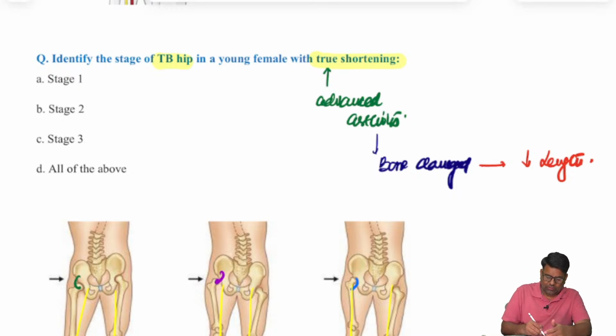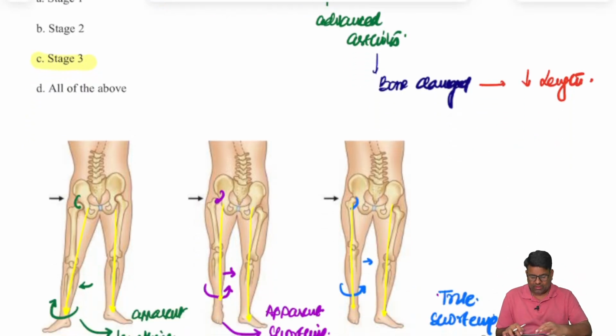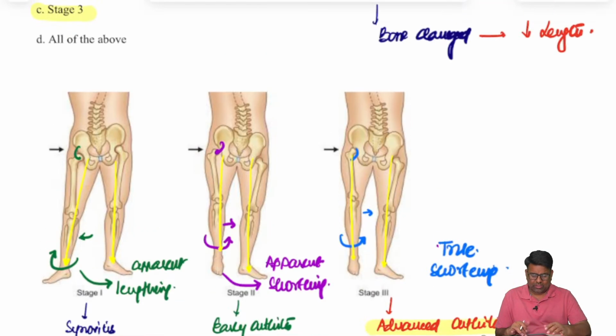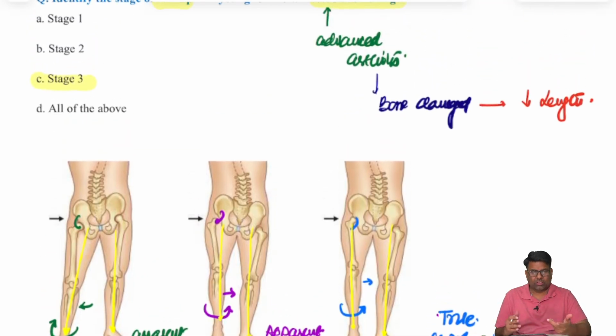So the answer would be stage 3, right? In stage 1 or 2, length is the same, it's just the perception that is different. It may look lengthier in stage 1, it may look shorter in stage 2, but actual length is the same, right? So this is the concept of TB hip.